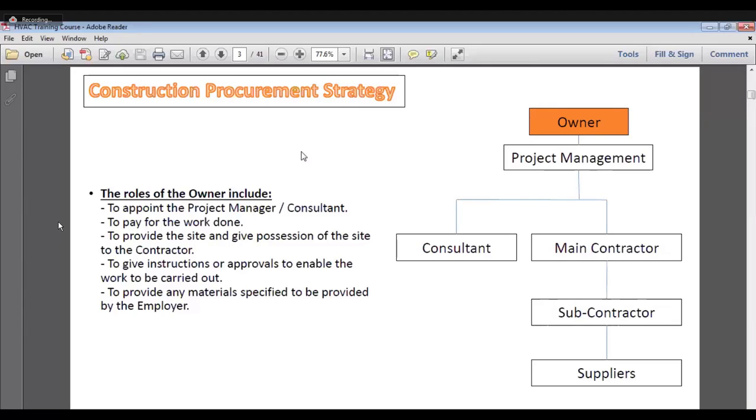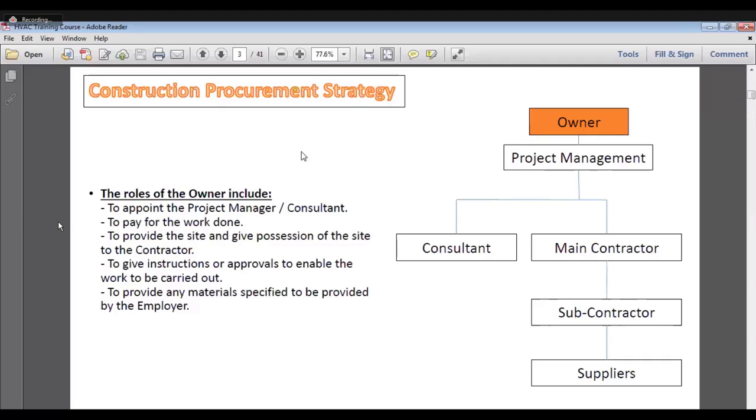Okay, so we have to summarize the role of the owner. The owner's role is to appoint the project manager and the consultants, to pay for the work, to provide the site, to give possession of the site to the contractor, to give instructions, approvals, and everything like that. Moreover, the owner has to provide any materials required to be provided to the employee.